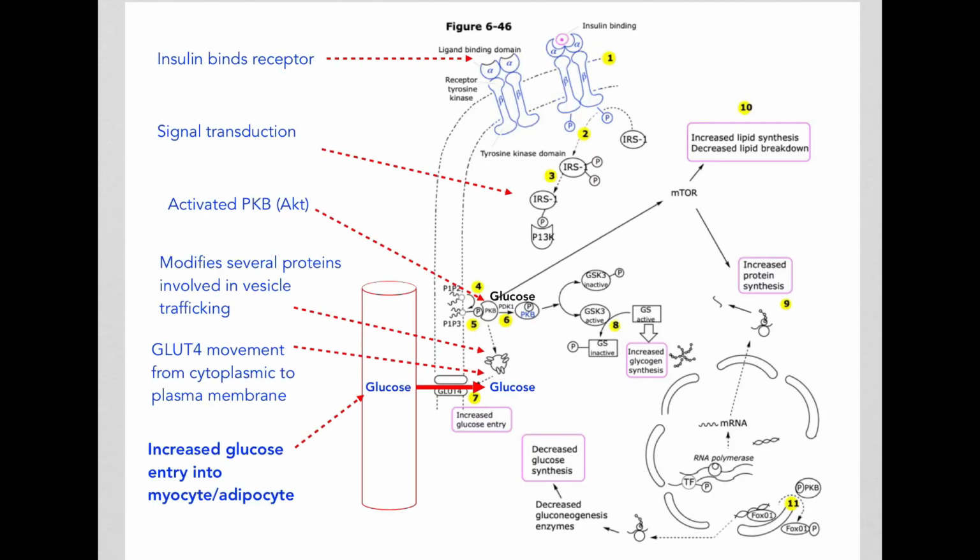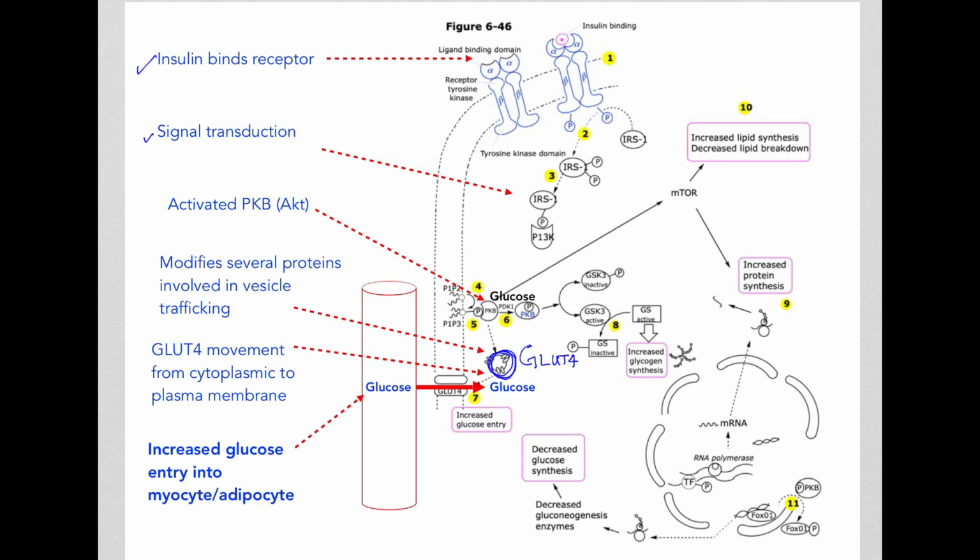In case of muscles and adipose tissue, the major glucose transport protein is GLUT4. And these proteins are found in vesicles inside the cytoplasm. So what happens after a meal, when insulin is released, is the insulin will bind the insulin receptor that will trigger a signal transduction pathway.